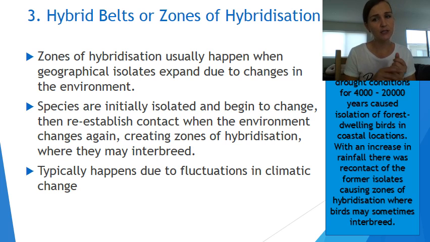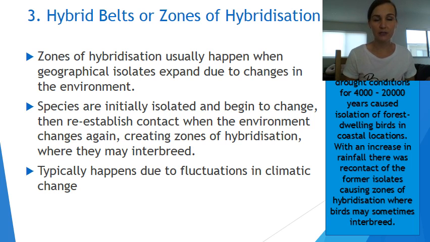An example of this, as you can see on the screen, we've had a lot of drought in Australia, as you know. So we had drought conditions for a long time, which caused isolation of forest-dwelling birds to coastal locations where there was a lot more water, so they were able to survive and adapt in those locations.